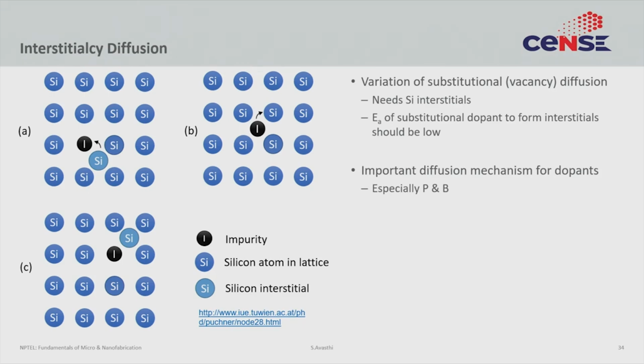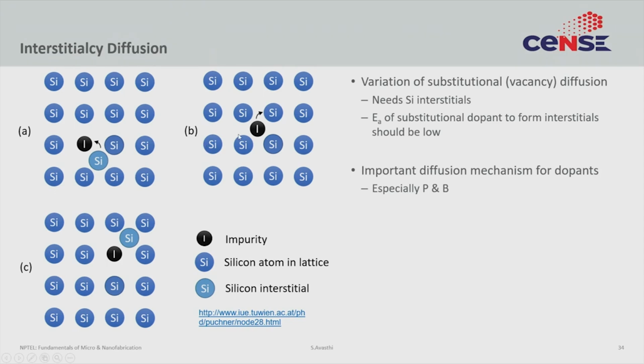Another advanced concept to know, which is important, is interstitialcy diffusion. Till now, we have only introduced two diffusion mechanisms. One was substitutional, one was interstitial. This is a mixture of the two. What this needs is a silicon interstitial. So, the mechanism starts with the silicon interstitial interacting with a substitutional impurity and exchanging its position.